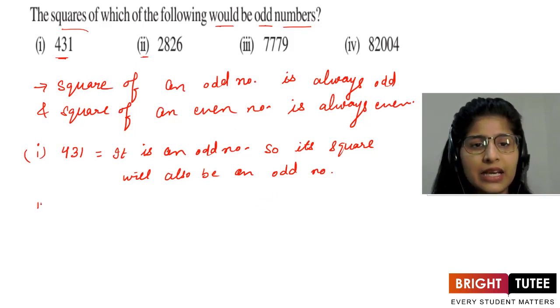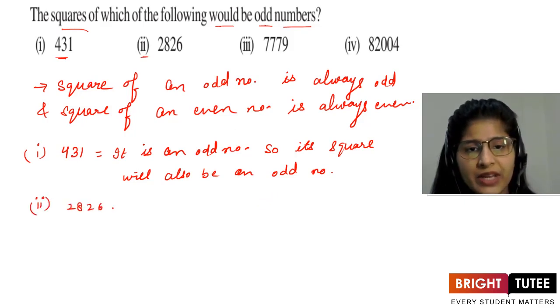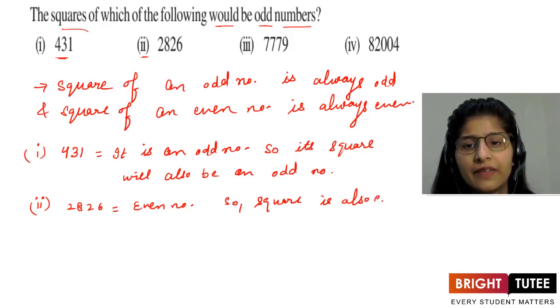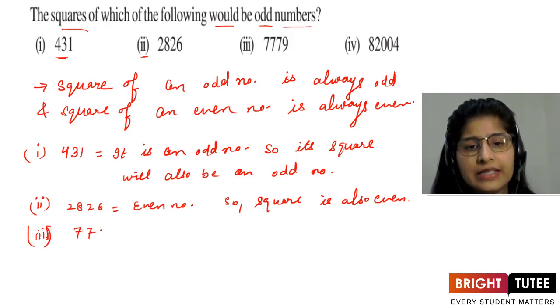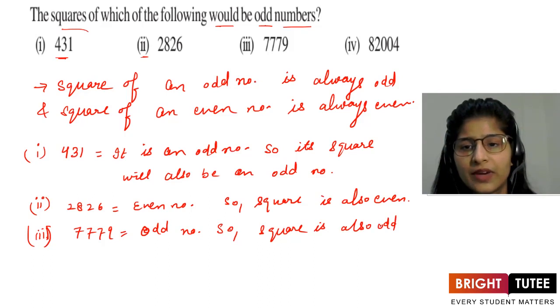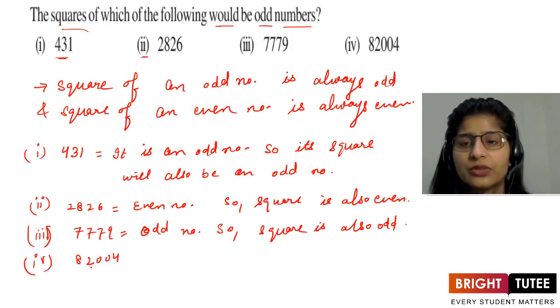Second one is 2826. This is what? Even number, right? So its square is also even, right? Now in the third we have 7779. It is an odd number, so square is odd, right? The fourth part you see, 82,004 is an even number, right?